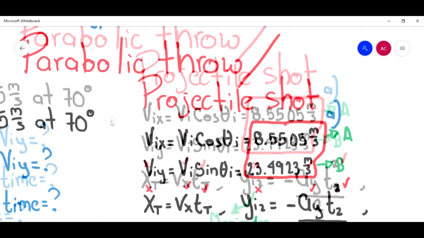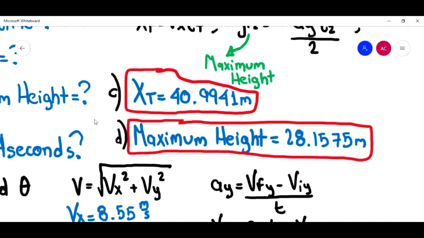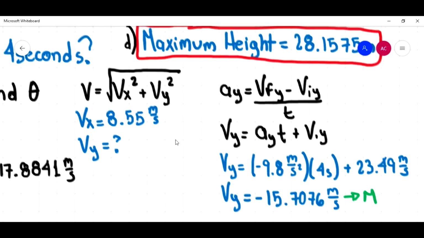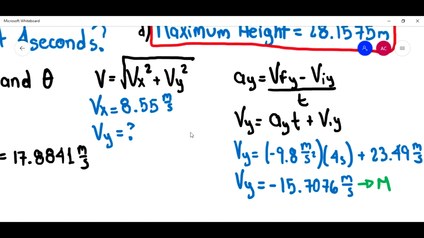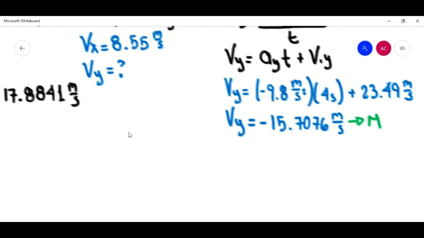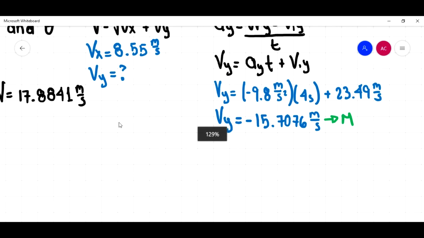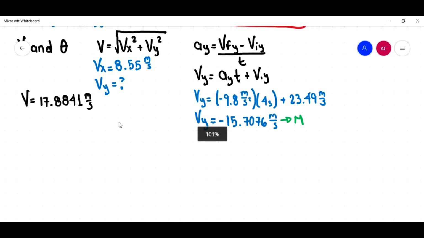That's a topic that we already saw in the first videos. And we are going to use this formula.